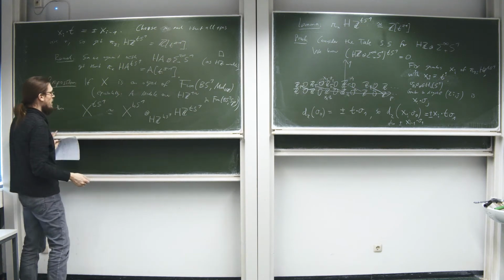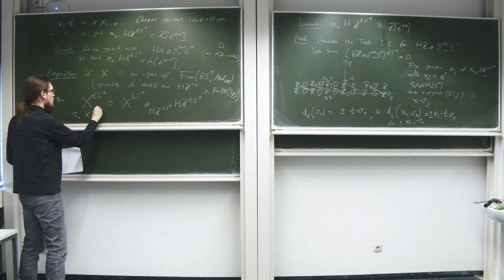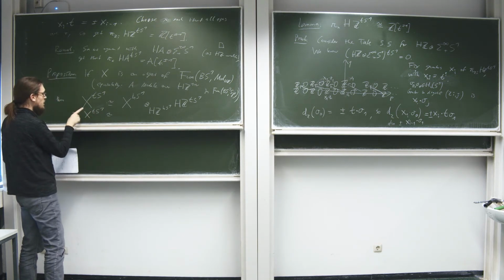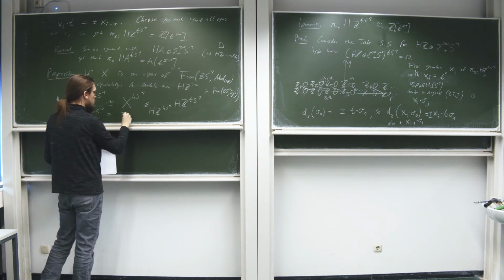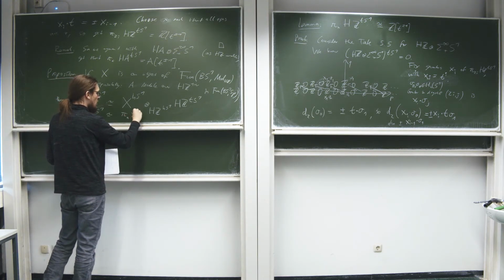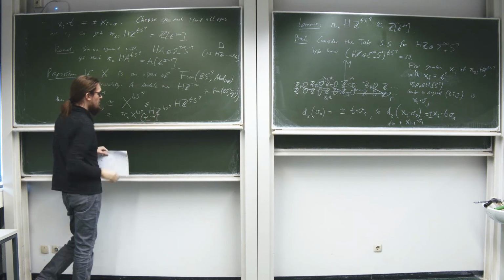And another way of expressing this, a little bit of a weaker statement, but it gets the point across, is that the homotopy groups of this guy are obtained from the homotopy groups of these homotopy fixed points by inverting the element T.